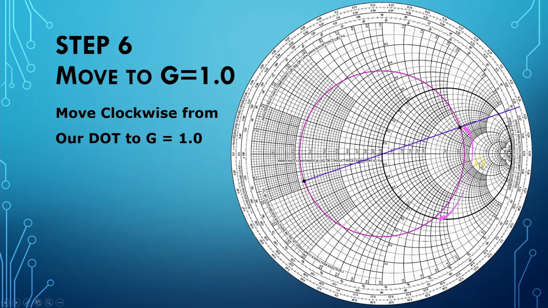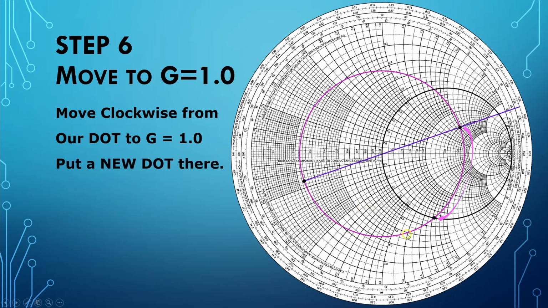And so we have the G equals 1 circle here, and we have our SWR circle here. We have our admittance here, and we're traveling clockwise around until we come to a place where the SWR circle crosses the G equals 1 circle.